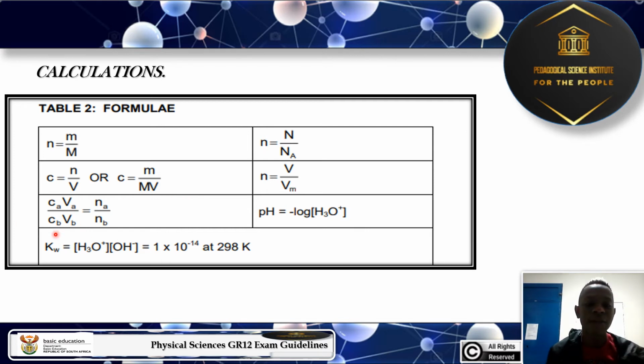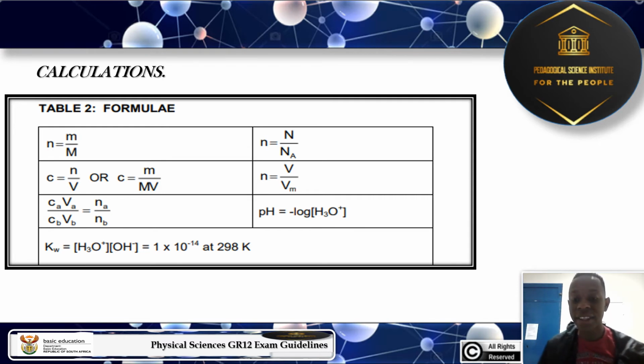Then the last formula there is Kw equals concentration of H3O+ times concentration of OH- equals 1 times 10 to the power negative 14. And hydronium, I need to emphasize this, guys, when we're talking about hydronium, we are talking about any acid.